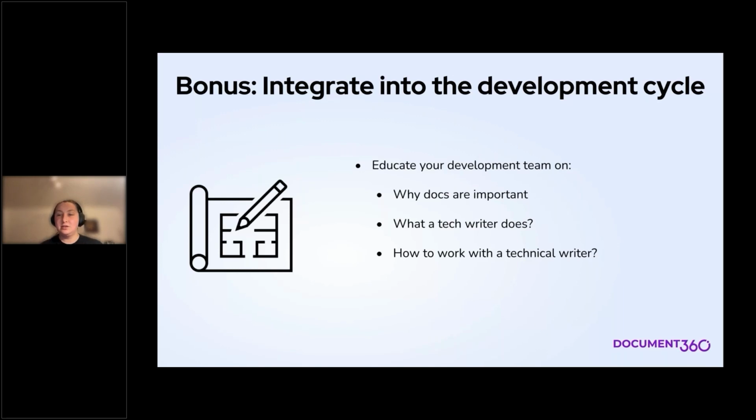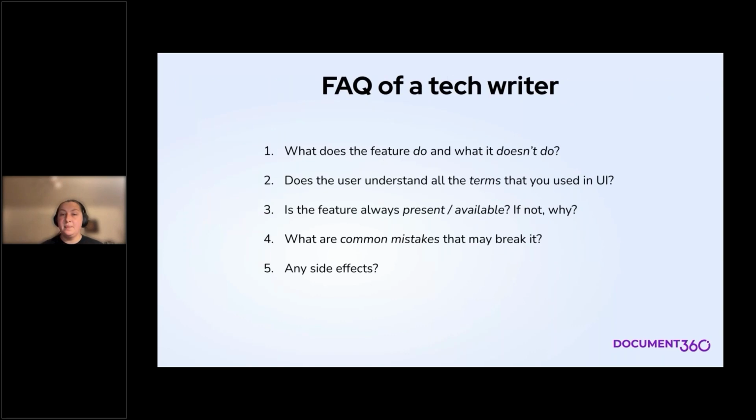And then I attempt to explain how to work with a tech writer efficiently. And for that, I usually show the developers the following slide. I make sure to tell them that all features are unique and thus require a unique approach. But most of the time, among the questions that I ask are those 5.